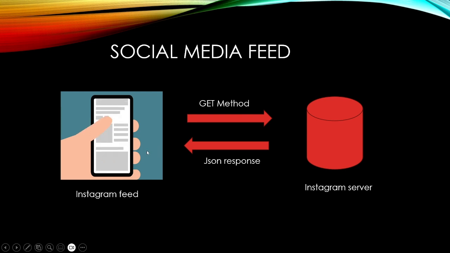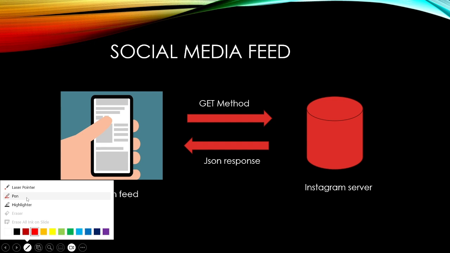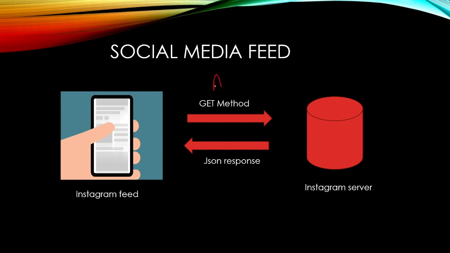In this example, the client is your mobile app and the server is Instagram's backend system storing all the posts. Communication between these is happening through an API. So the API is the medium connecting both the client and the server here.